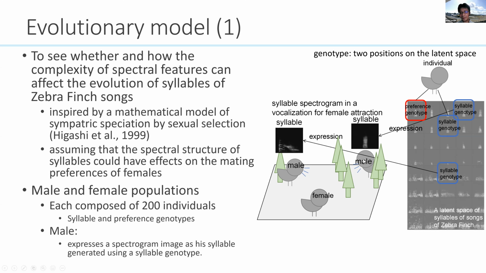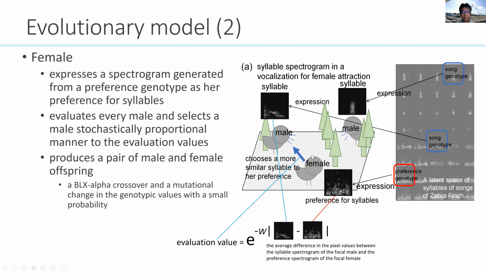So this one and this one have different types of syllable to sing. Then, as for the females, these individuals express a spectrogram generated from a preference genotype as their preference for syllables.